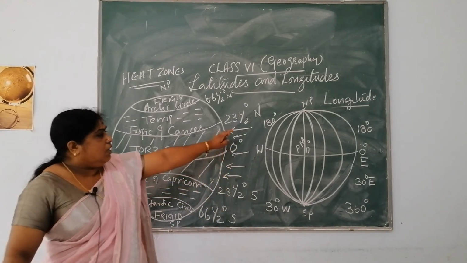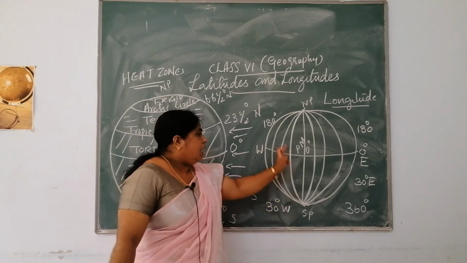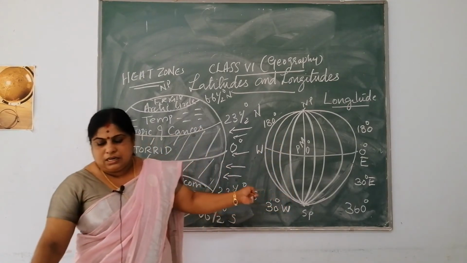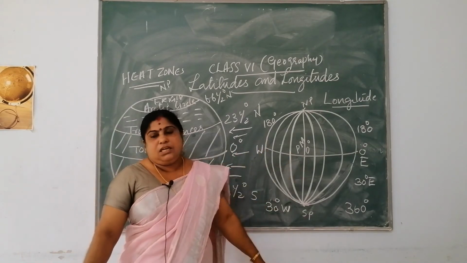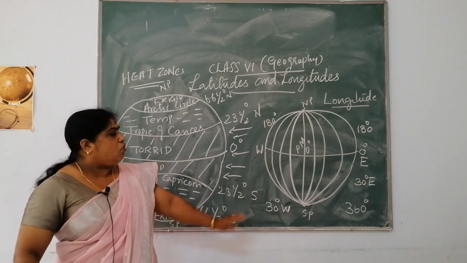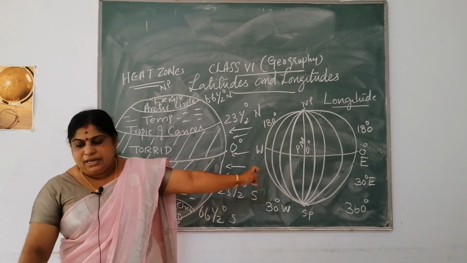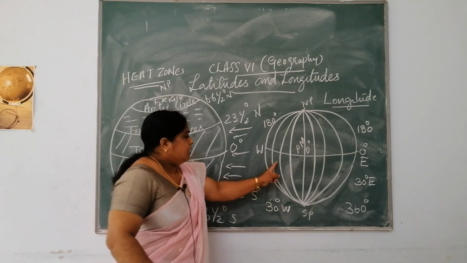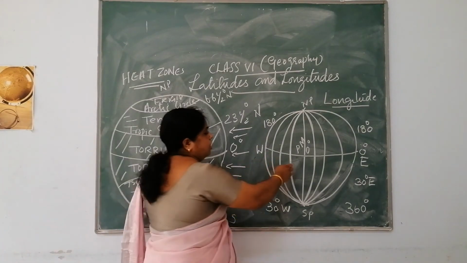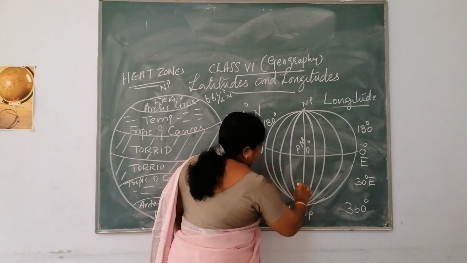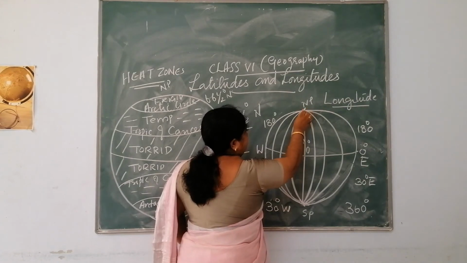All these longitudes are semicircles, as you will understand from the picture. There are 360 meridians, and all meridians are of equal length. But the distance between them is not the same everywhere.